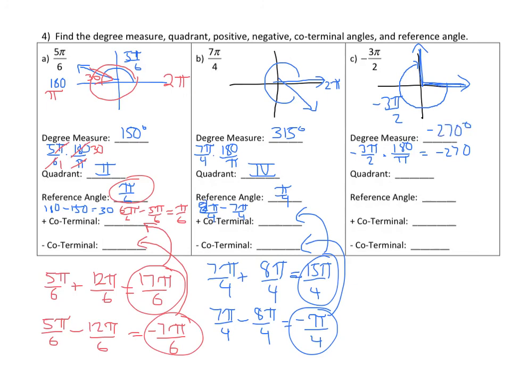Quadrant, it's not in a quadrant because it's on an axis. It doesn't have a reference angle. Quadrantal angles don't have a reference angle. The positive coterminal angle, if I do negative 3 pi over 2 plus a full circle, instead of 2 pi, I want common denominators, so I would do 4 pi over 2, and we get pi over 2.